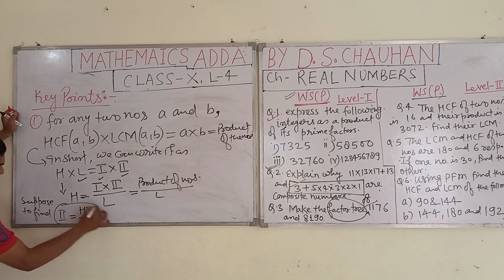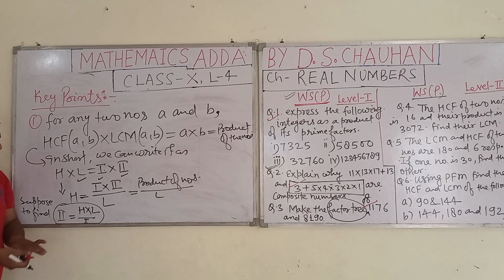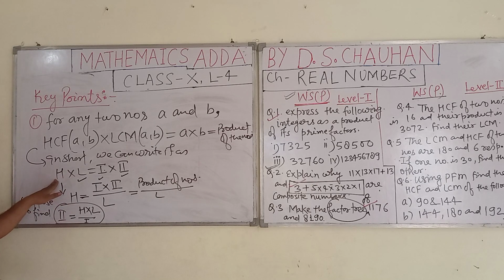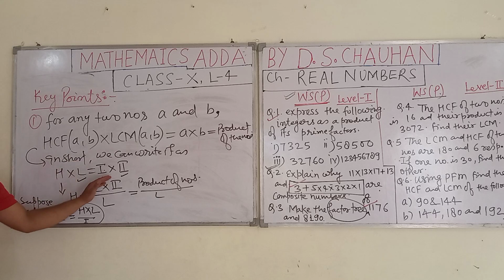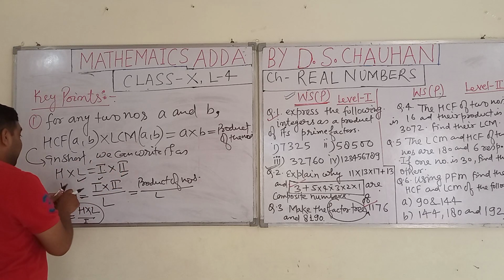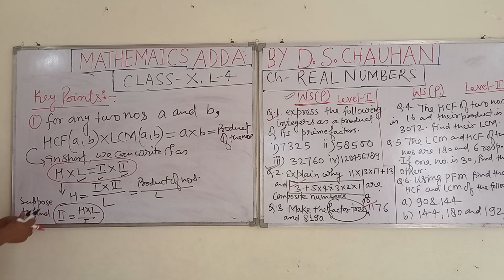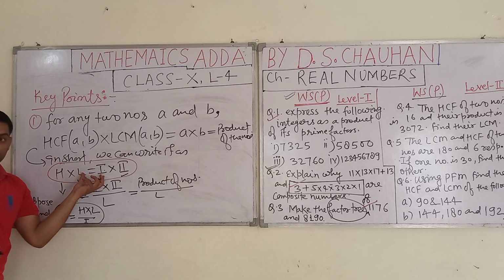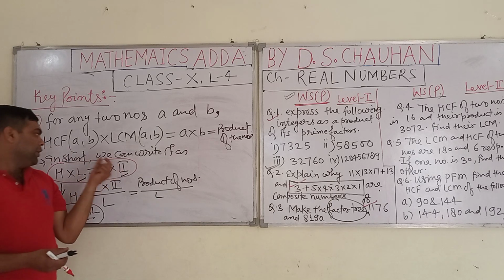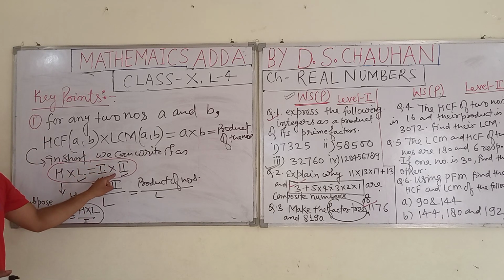In this way students, we can write the formula for the HCF, LCM, first number and second number with the help of this equation, where four unknowns are given. Out of these four unknowns, if any three are given, we can find out the fourth one.